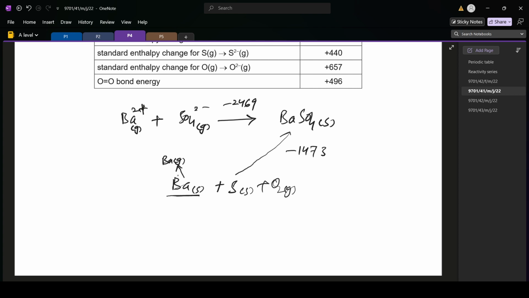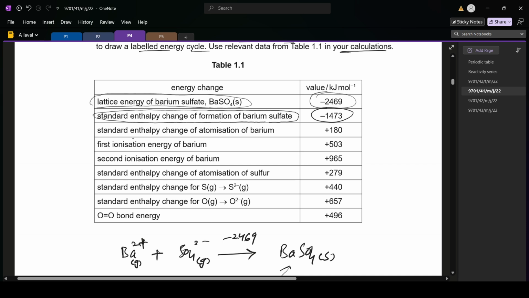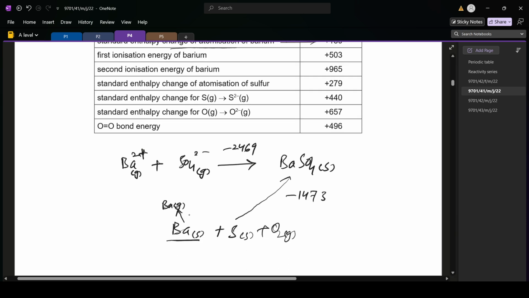This is called the enthalpy change of atomization, when 1 mole of gaseous atoms is formed from its element. The enthalpy change of atomization of barium is plus 180. Then you have the first ionization energy, which changes it into barium plus 1. Then the second ionization energy.